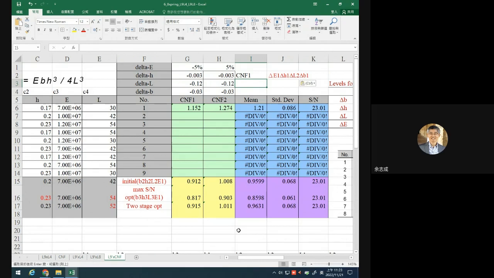Compound noise 1 is 1, 1, 1, 2. So here, L is the upper bound. Same thing for compound noise 2. It's very easy. Minus becomes positive, positive becomes negative, right? So we know level 2 will be this one, and this is plus, and this one is plus.